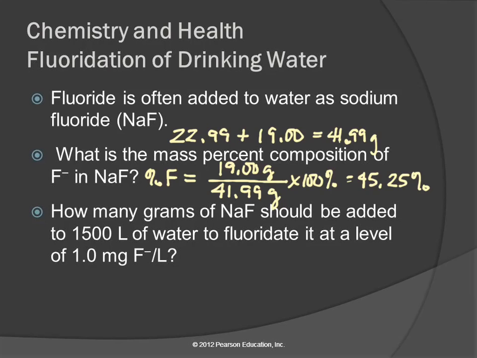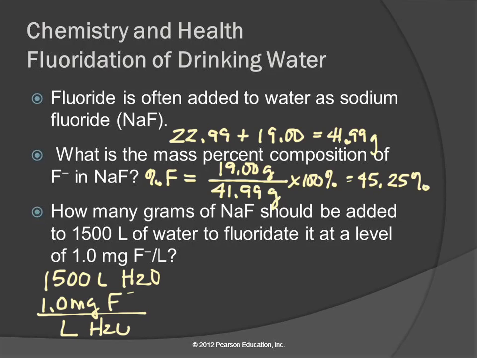So how many grams of sodium fluoride? Let's pick this question apart. We're given 2 numbers here: 1,500 liters of water and 1.0 milligrams of fluoride per liter. And they're implying that that is per liter of water.